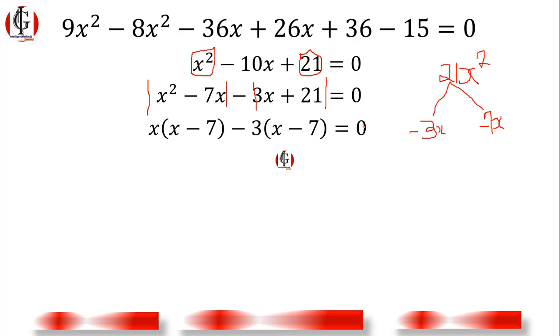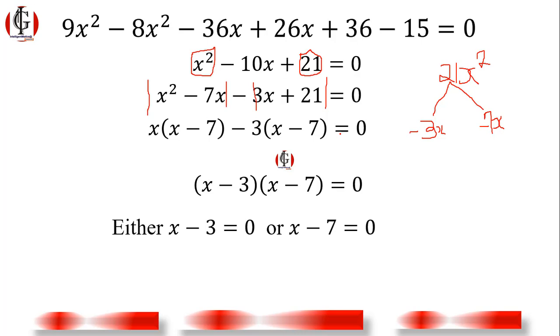Now, you can see it's either x minus 3 or x minus 7 equals 0. Now, if I open this bracket, I'm coming back to x squared minus 10x plus 21 equals 0. That is the implication. So x minus 3 equals 0 or x minus 7 equals 0.